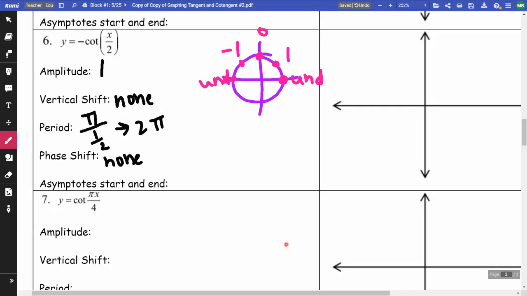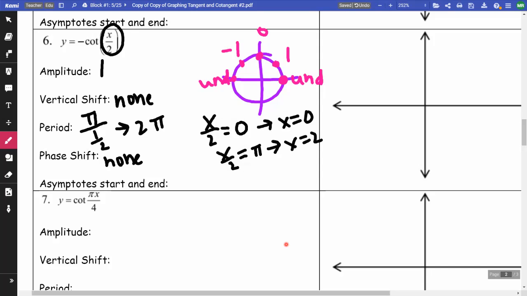So if I take this x over 2 and set it equal to 0, which is where it should normally start, I am going to end up getting x equals 0. If I take this x over 2 and set it equal to where it should normally end, which is pi, and I solve, I get 2 pi.